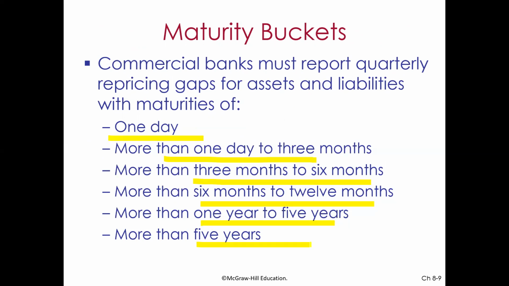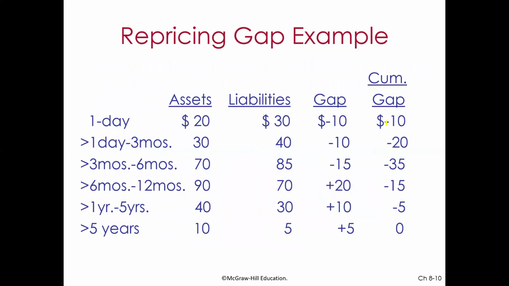On any particular date, the difference between the assets and liabilities in each maturity bucket will be calculated, and that will lead us to estimate how interest rate changes will affect the net interest income of that maturity bucket. So look at this example.